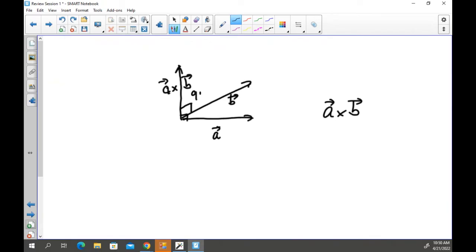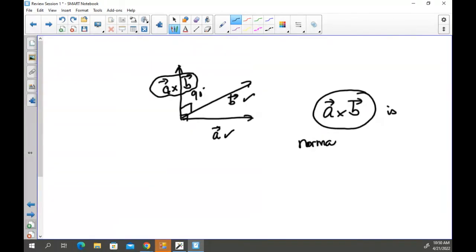It will make an angle of 90 degrees with B and also with A. So I think we did this many times. If you want a normal vector to two vectors, you take their cross product. So this vector is normal to A and B, like this.